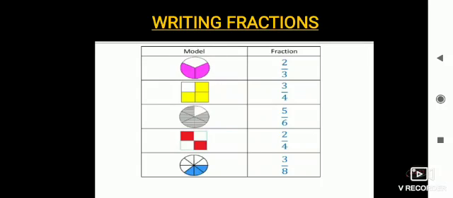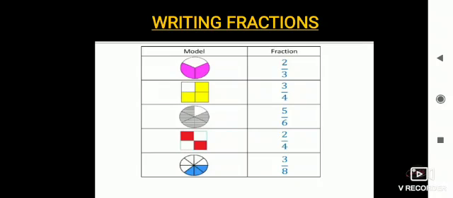So you will write the fraction as 2 by 3. Look at the second figure, which is a square. It is again divided into 4 equal parts and 3 out of 4 parts are shaded. So for the shaded portion, you can write 3 by 4 as a fraction.